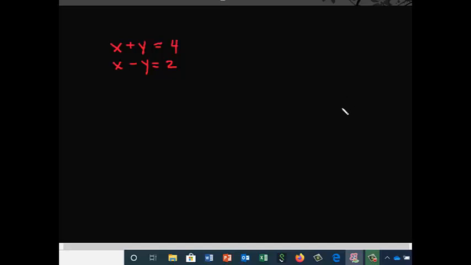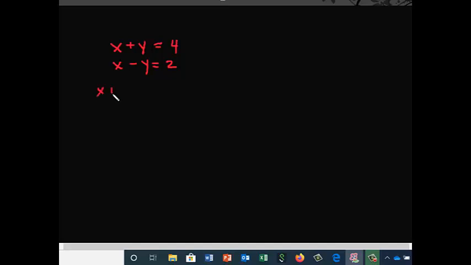Okay, so if we take one of these equations and solve for one of the variables, we will substitute that equation with the isolated variable into the other equation. So let me show you.